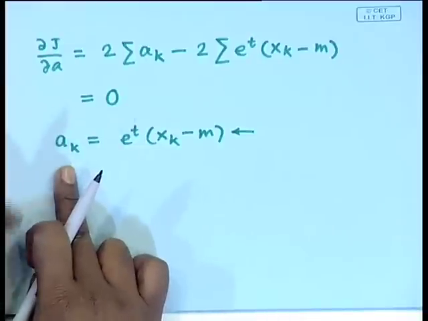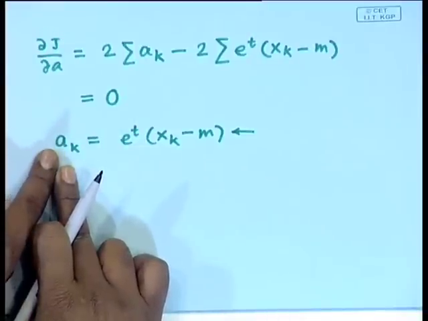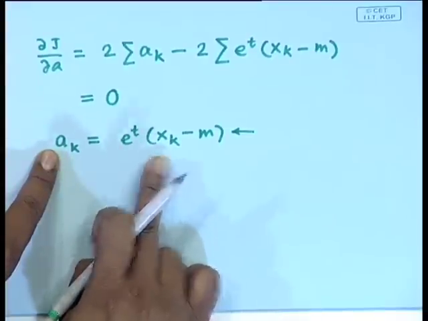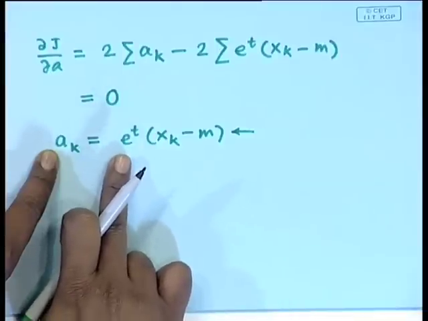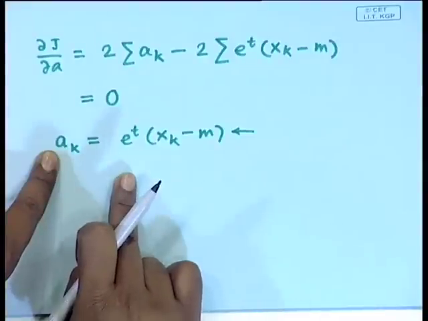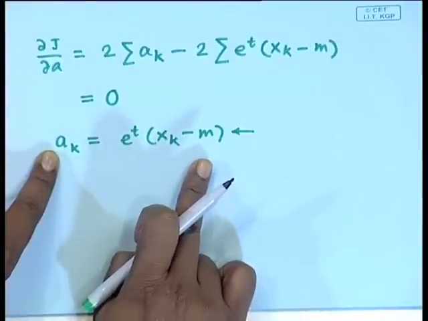So, this simply says that a k is nothing but the orthogonal projection of x k onto a line in the direction of E passing through the mean m. It is just the orthogonal projection of point x k onto a line in the direction of E passing through the mean point m.